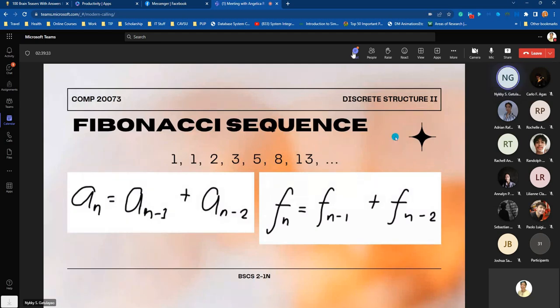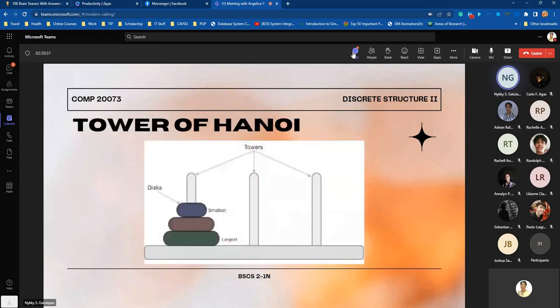Another example is the Tower of Hanoi, which is a classic problem, a popular puzzle of the late 19th century invented by the French mathematician Edward Lucas. The Tower of Hanoi consists of 3 pegs mounted on the board, together with disks of different sizes on the first peg in order of size, with the largest on the bottom.